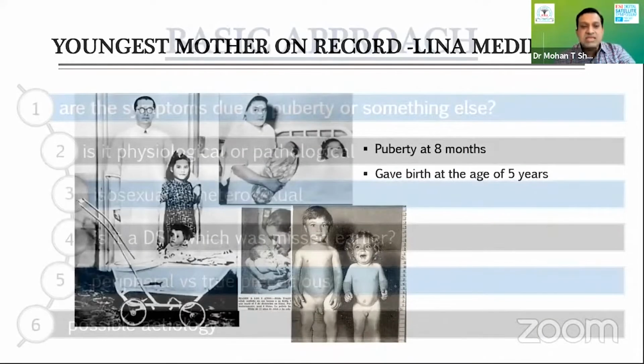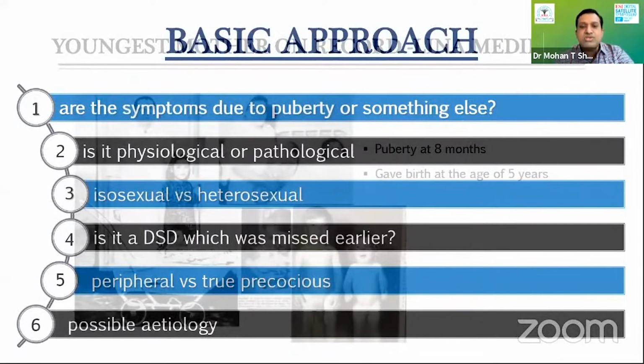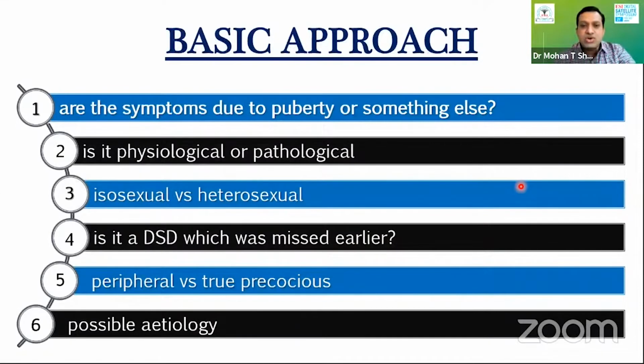So I will just, in gist, tell you the basic approach. The first one, as I told you, we just have to see whether the symptom is due to actual puberty or something else. Second, if it is, we have to point out whether it's physiological or pathological. Once we have identified it, then you have to go for whether it is isosexual, that is the same sex characteristics, or heterosexual characteristics.